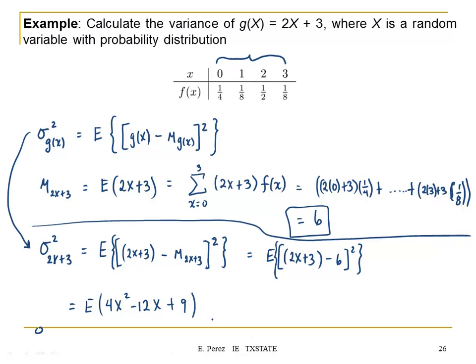Now we have the expectation of this expression, this polynomial. So in order to get the expectation, you do the summation from x equals 0 to 3 of f of x times the probability.